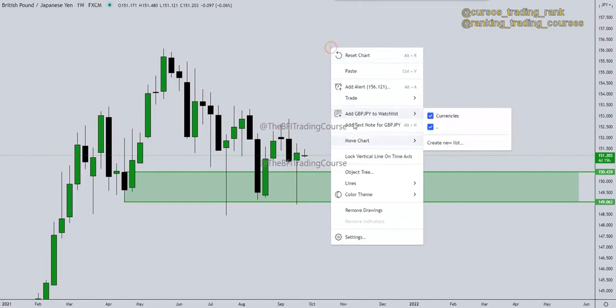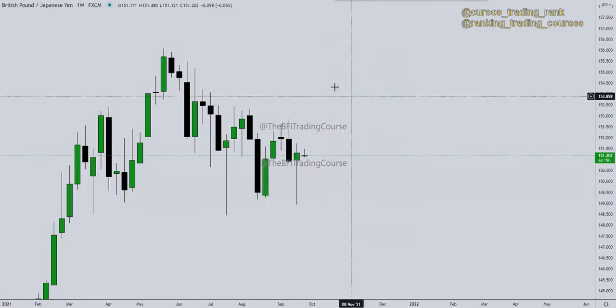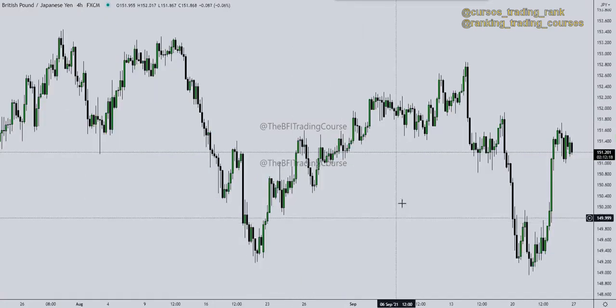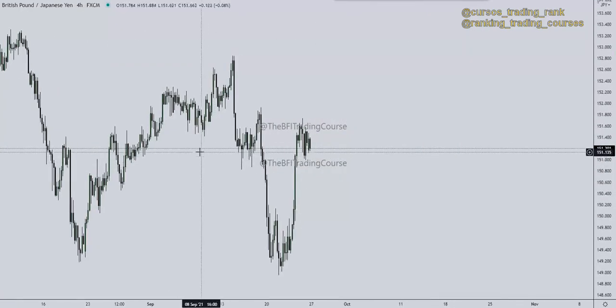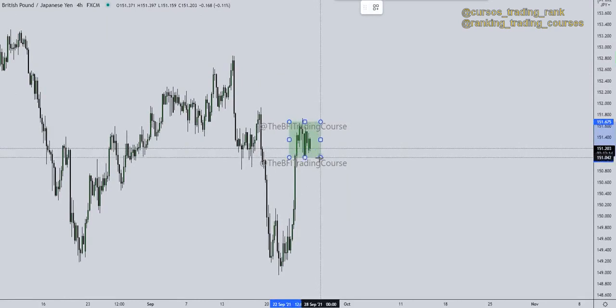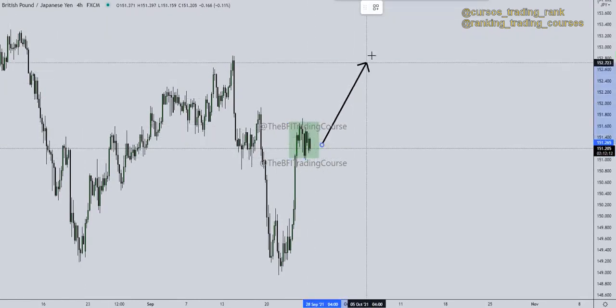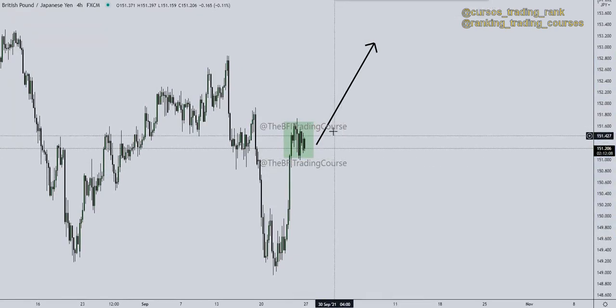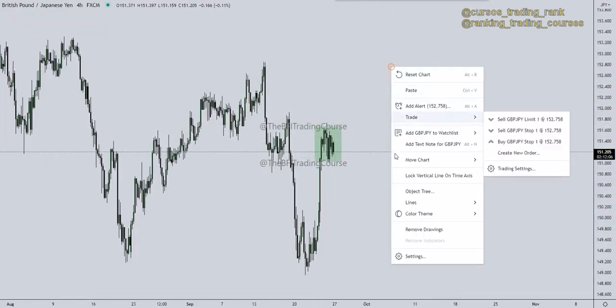Maybe we have a 4 hour trader. Well, forget the weekly, let's get on the 4 hour and see the zones that matter. Always there's current market price and there's a buy zone above and a sell zone below. So let's see the zones we have on a 4 hour.